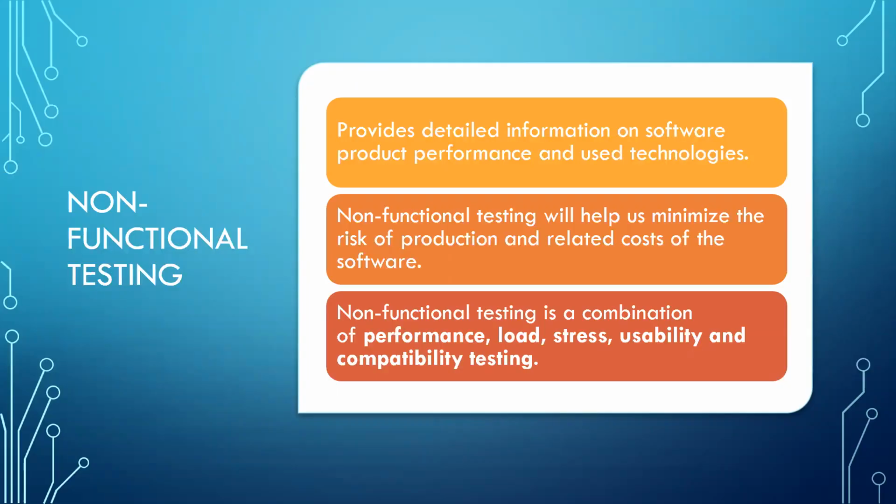How does this exactly impact the application, and why should we concentrate on the non-functional aspect of applications? Here it says it provides detailed information on software product performance and the technologies used. Non-functional testing should provide usability, scalability, good performance, and good security.